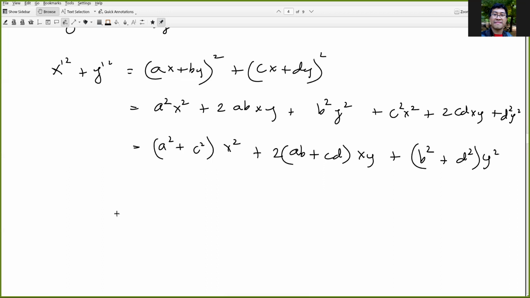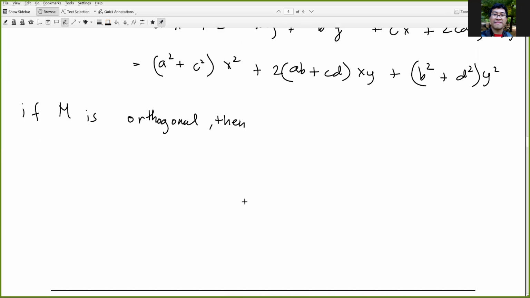Okay, and if M is orthogonal, then you have x prime squared plus y prime squared equals x squared plus y squared.